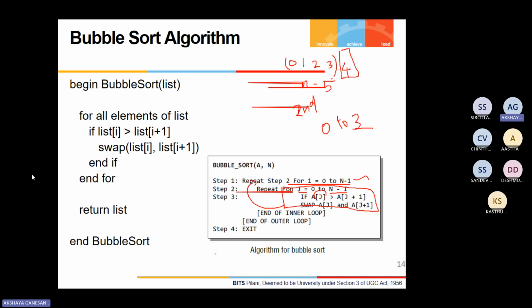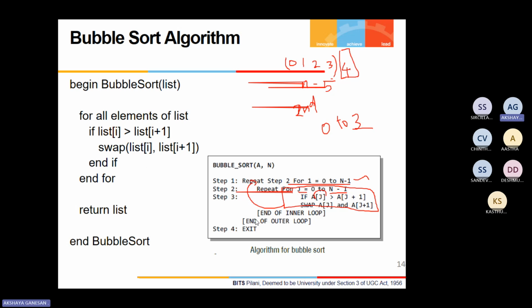Of course, this will work, and you will get the right answer. But what is the problem in this? It is not efficient enough because you are trying to compare elements which are already sorted. You are not taking into consideration the advantage of bubble sort, which ensures that after the first pass, the last element will come to its place. So that is the problem with this method.